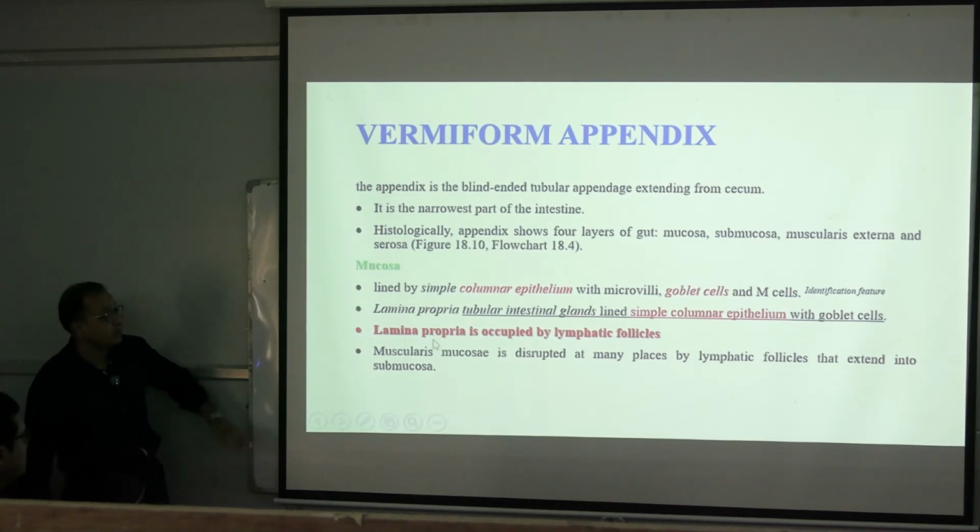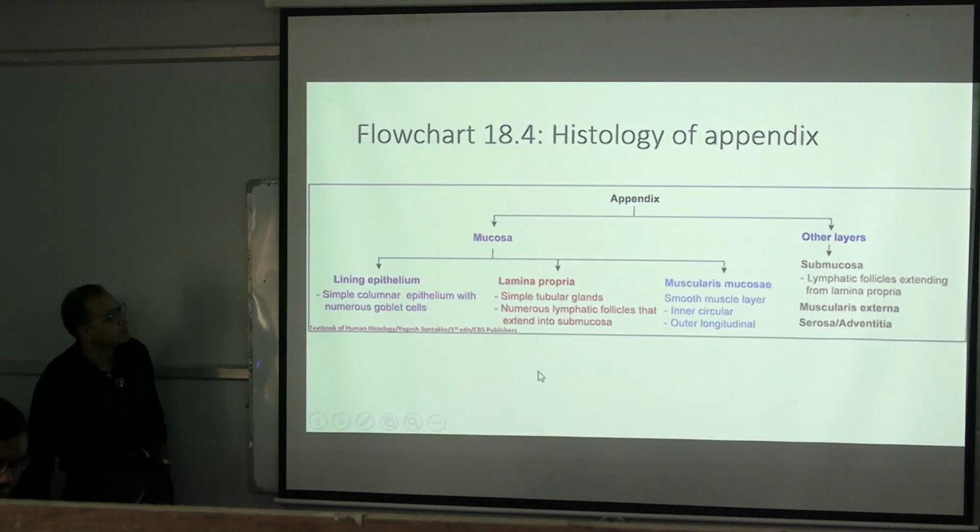Just like we learned about Peyer's patches in the ileum, this also has lymphatic nodules, but the only thing which segregates the appendix from the ileum is the absence of villi. So, absence of villi, lymphatic aggregates in the lamina propria, and a simple columnar epithelium with goblet cells are the hallmarks we are going to see.